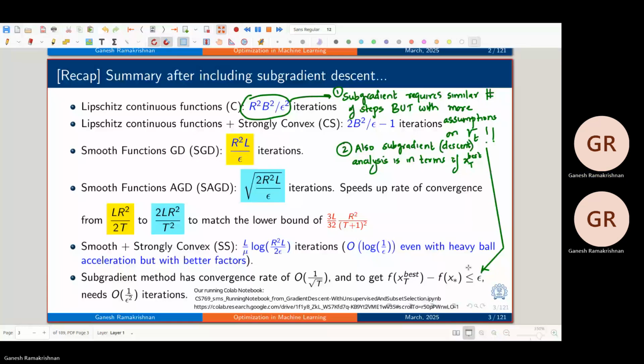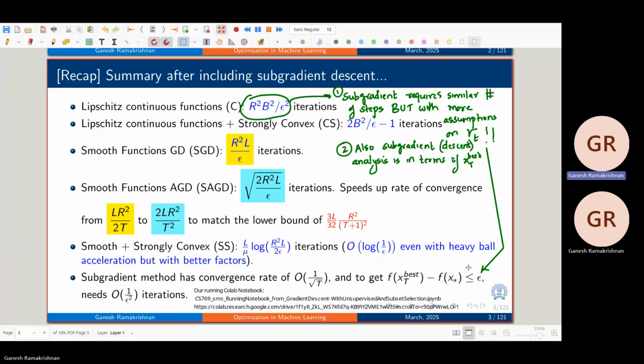Yeah, gamma t should tend to 0. But the summation of the gamma t should be infinity, because there was a 1 upon summation gamma t term, right? Additionally, summation of gamma t square should also be finite. That covered up all the cases.